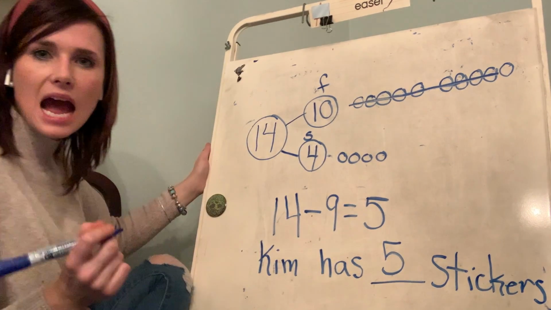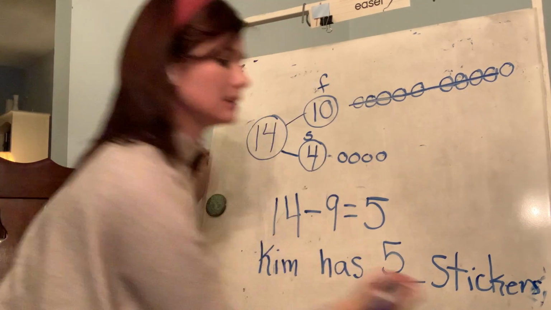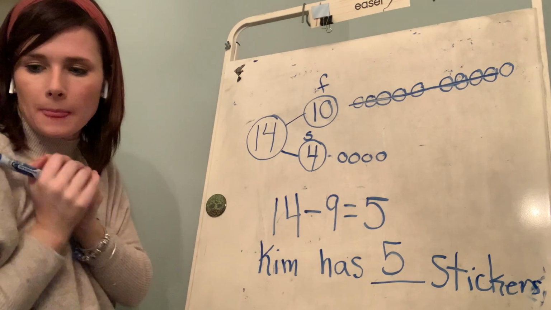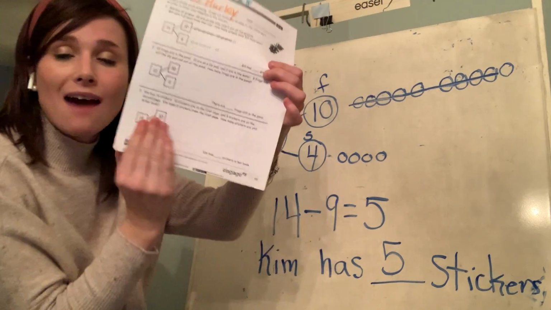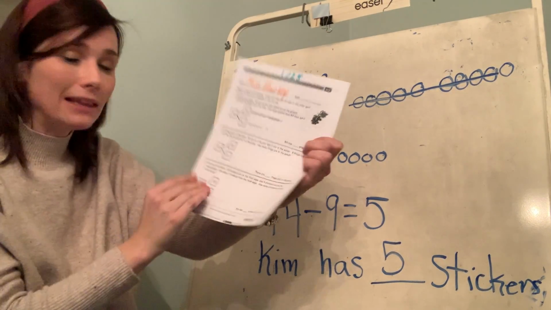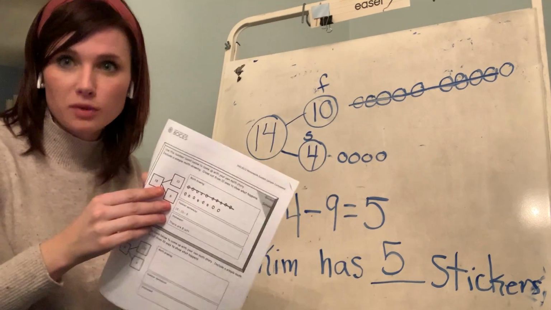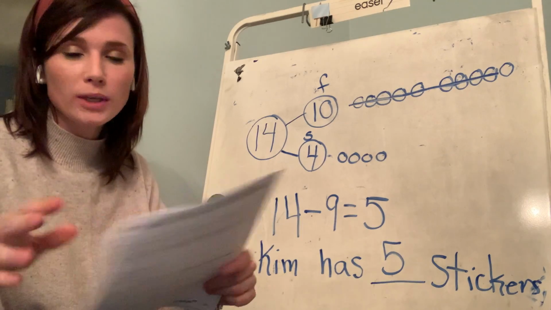She has 5. This S looks a little funky. 5 stickers left. Nice job. You can always pause this. This was number 3, so number 3 should be completely filled in. Number 1, 2, and 3 we have done so far, boys and girls, so you should have them filled in on your sheet.